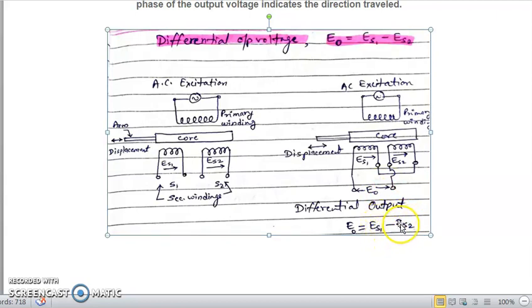That's why the algebraic sum will be the difference between the two. Hence it is written E0 is equal to ES1 minus ES2. So with this electrical diagram, you are able to understand what a differential transformer is.